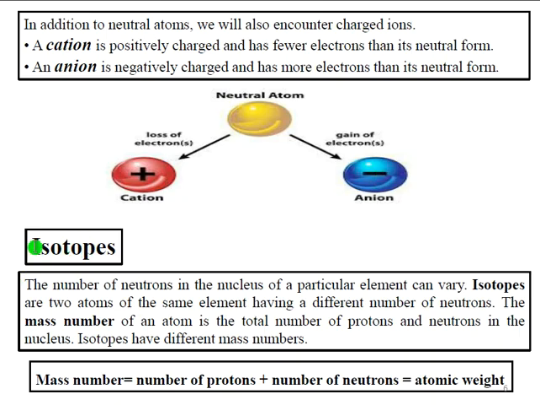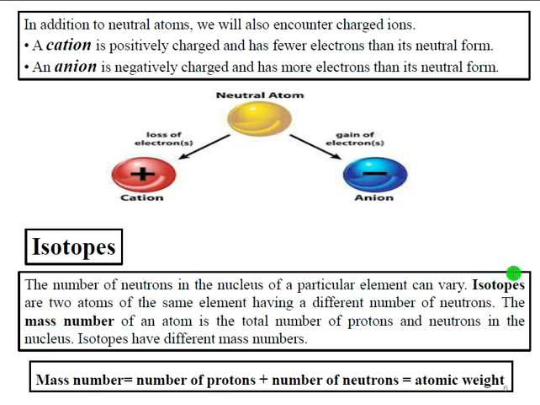Isotopes, meaning النظائر. For isotopes, the number of neutrons in the nucleus of a particular element can vary.